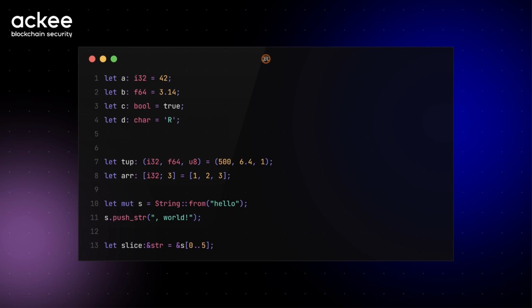The type is not String, but a reference &str, and this str is actually an immutable string slice. So it is something like a view into the corresponding string. If you have the underlying string, like defined on line 10, you can create a slice, which is an immutable view on the underlying string.